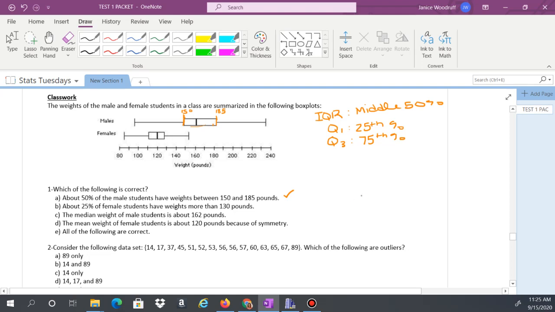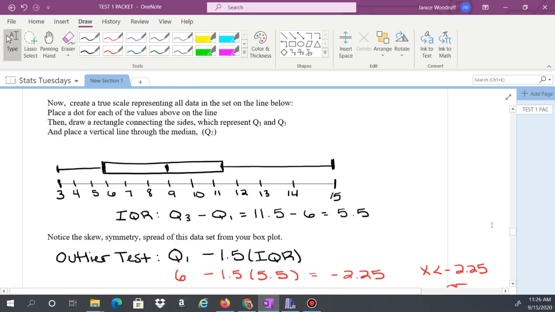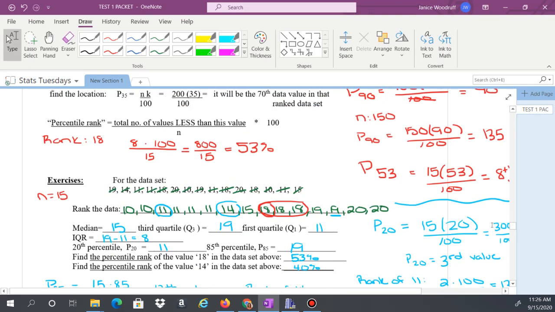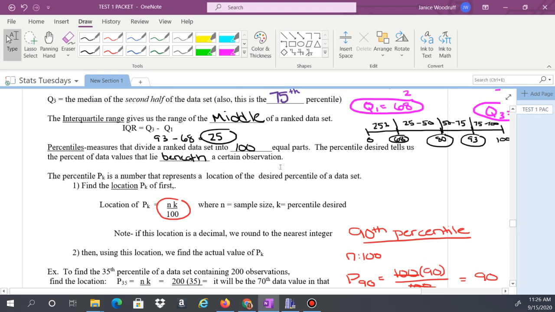Now, I do want to go back because I was looking at the test, and there is something on here that does generally confuse students. So go back right up here with percentiles. Percentiles, when we're looking at a graph, there's 100 equal parts.